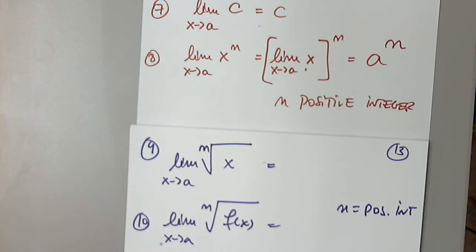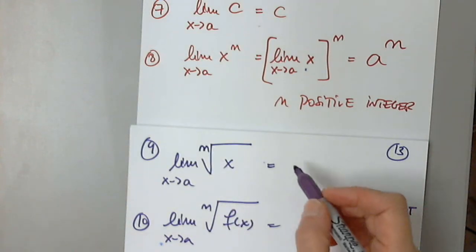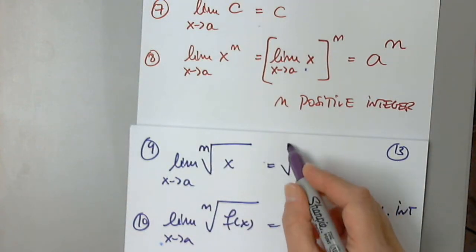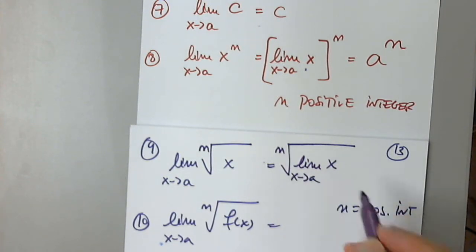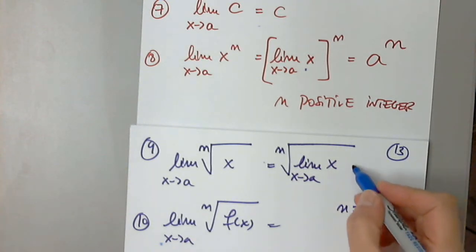Okay, so what do you think of this one? I'm swapping the operators again. What operators am I swapping? The nth root and the limit of x as x approaches a. Of course, this is allowed under certain conditions, and we'll talk in this chapter about continuity. That's a mandatory condition. So what would you write?